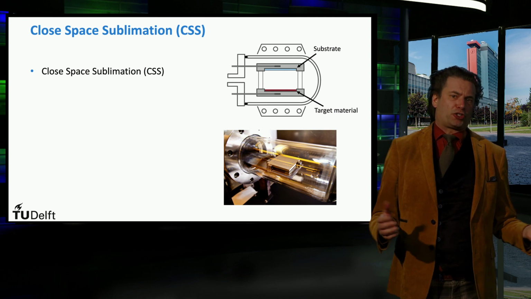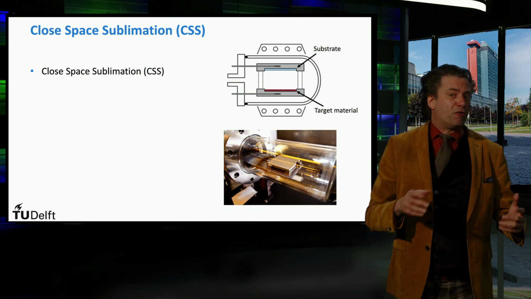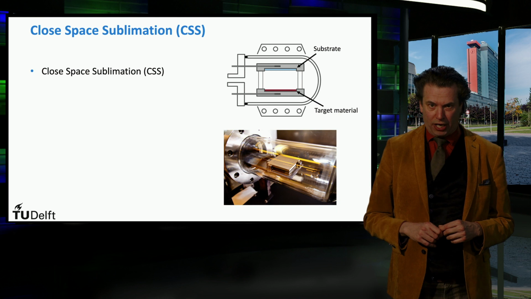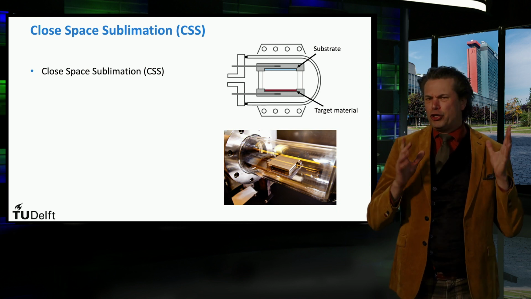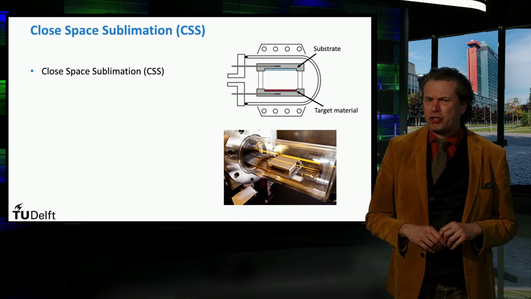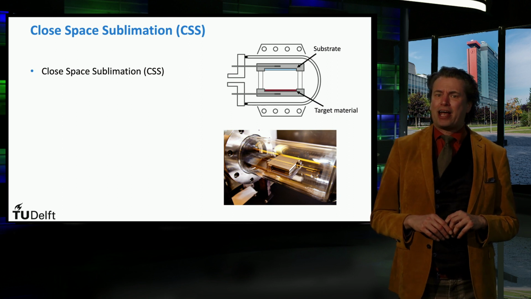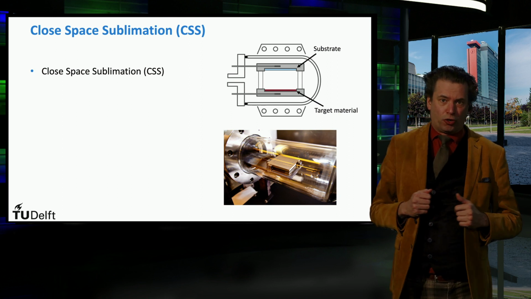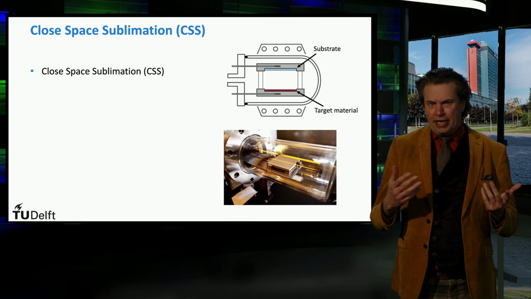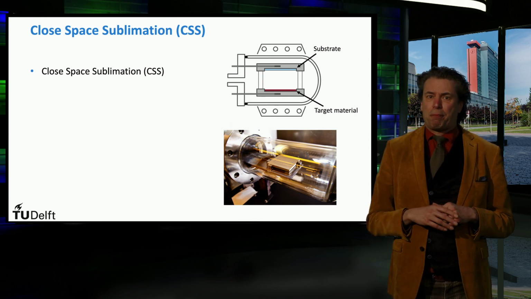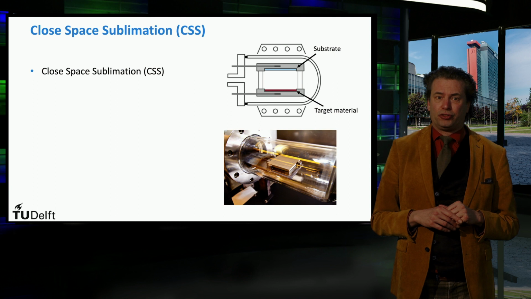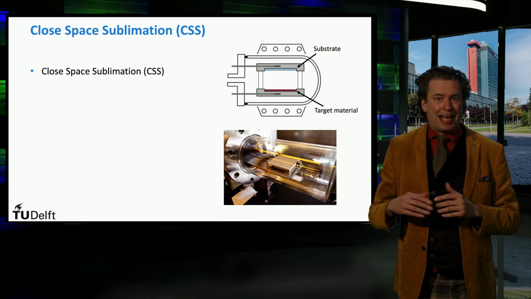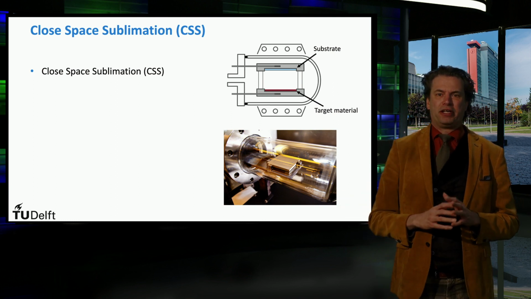Now that we have discussed the standard structure of a cadmium telluride solar cell, we will look at the production process to deposit and improve the cadmium telluride absorber layer. The usual method for the production of cadmium telluride layers is by closed space sublimation or CSS. Here the substrate and the target are placed in a vacuum chamber on two graphite electrodes at a distance of a few millimeters.